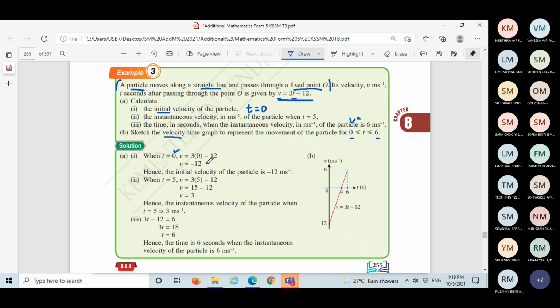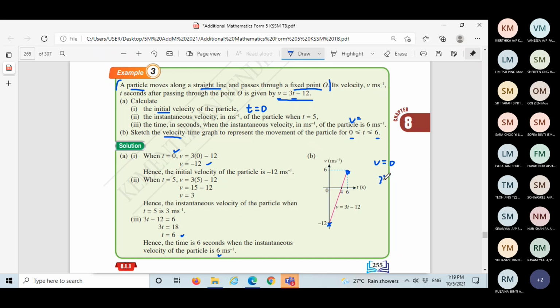When t is 0, v is -12, that is 1 point. When t is 6, luckily you have it here, the v is 6. That's 2 points. If you want one more point, you find the t-intercept. When v is 0, what is the t? Try to find it, then the whole graph is complete.